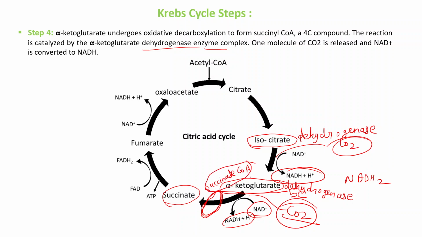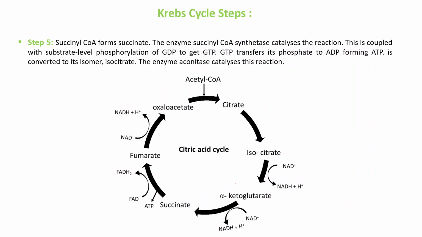So alpha ketoglutarate dehydrogenase converts alpha ketoglutarate into succinyl coenzyme A. And in the next step, succinyl coenzyme A forms succinate. During this process, the enzyme succinyl CoA synthetase is responsible.